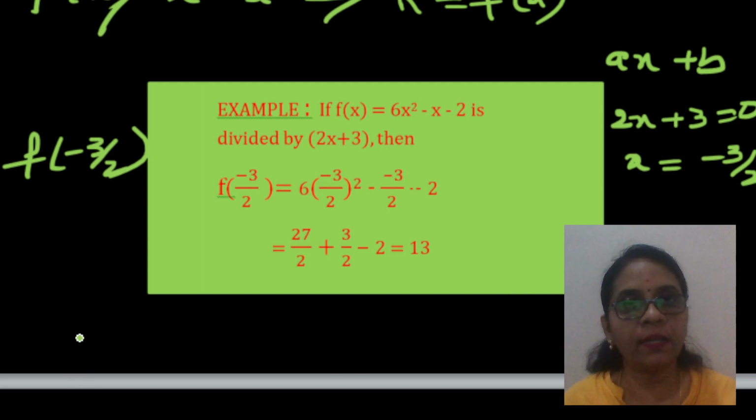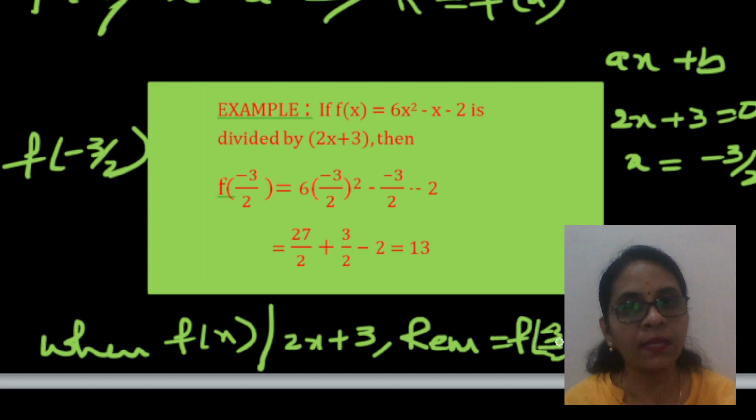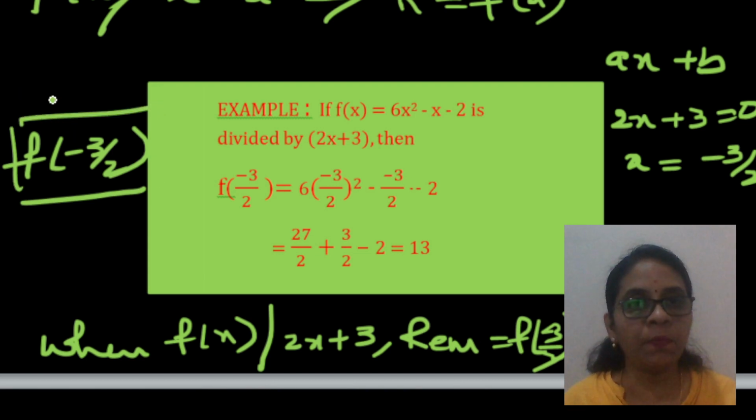You have to write: when this polynomial f of x is divided by 2x plus 3, you put a comma, you write remainder is f of minus 3 by 2. It's a little clumsy here. So the remainder is f of minus 3 by 2. You have to write this statement.